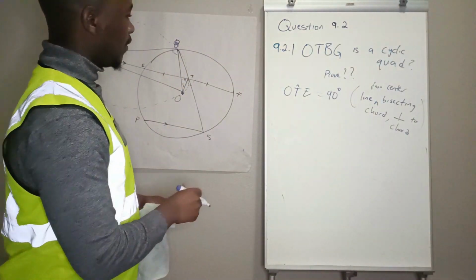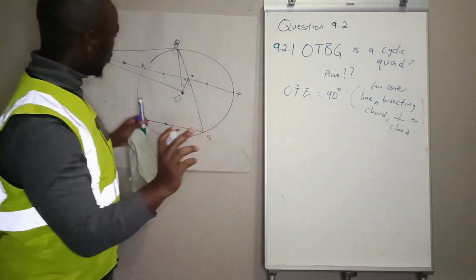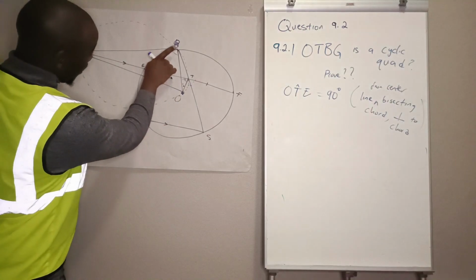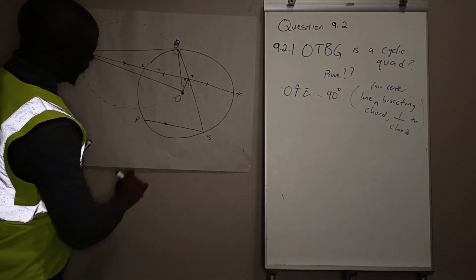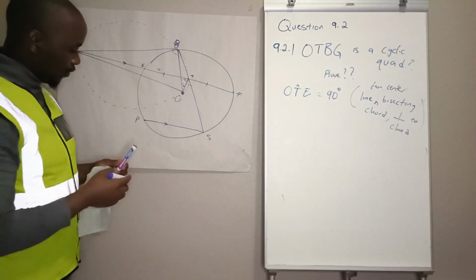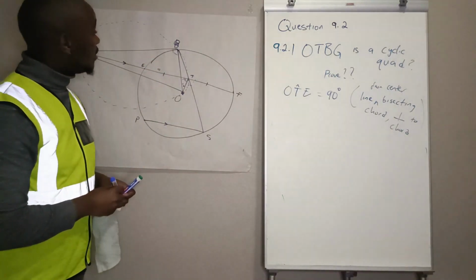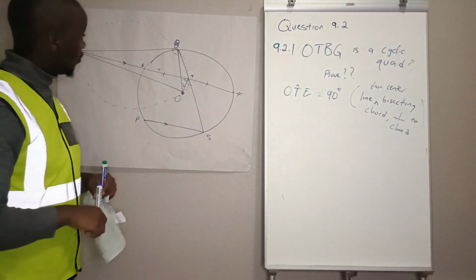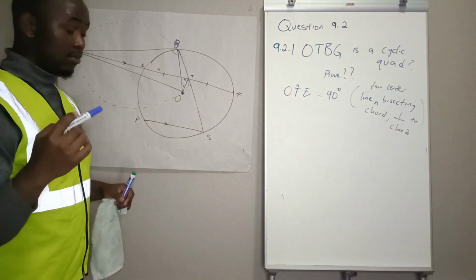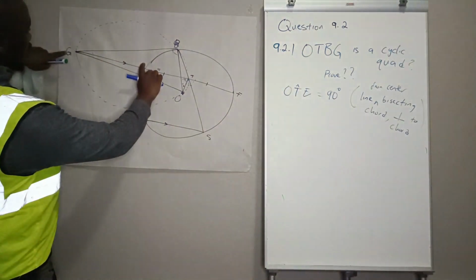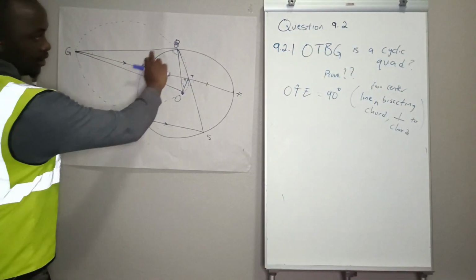Okay, so we have that angle OTE, and you remember we are still trying to prove that butterfly theorem, that this angle must be equal to this one. So how can we go about proving that indeed angle B is going to be equal to our OTE? So another thing is that we're told in the statement that GP is the tangent to this circle.